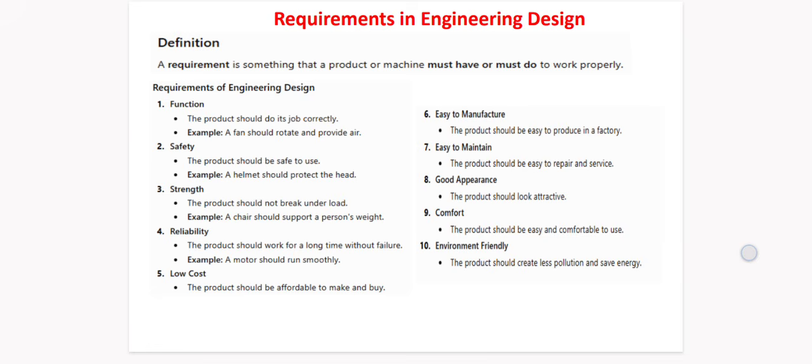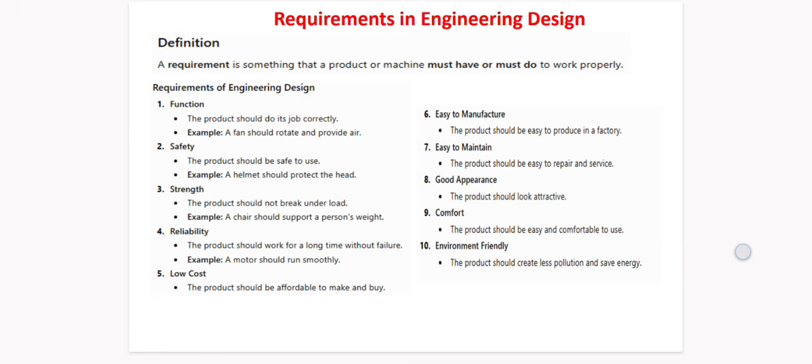For example, a motor may be required to produce 5 kilowatt power, 1440 rpm speed, specified torque, specified efficiency. So the function tells us what it does, while performance tells us how well it does it.